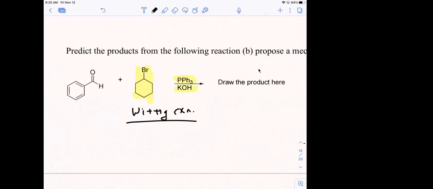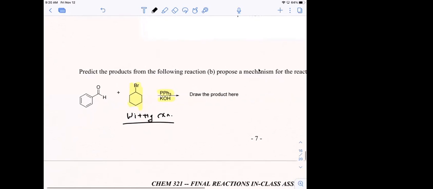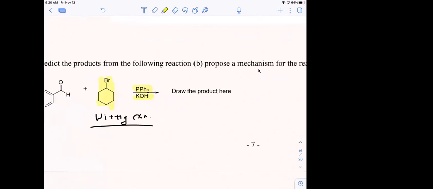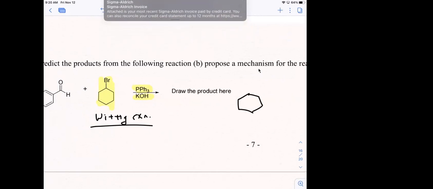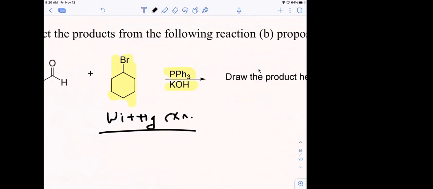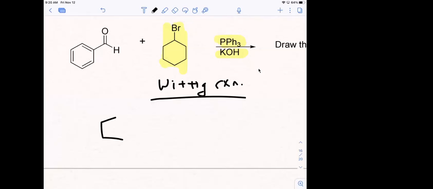All right. How do I predict the product for that? Well, doesn't it just turn into an alkene? So we're replacing the bromine with the oxygen and making it an alkene. Okay, so again, let's look at our little shortcut method. So this is my alkyl halide, right?